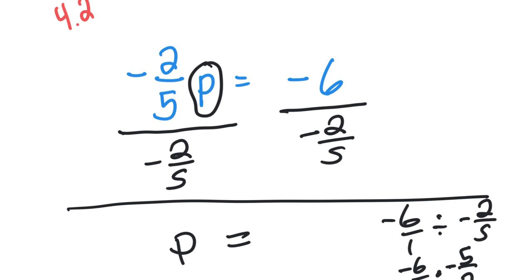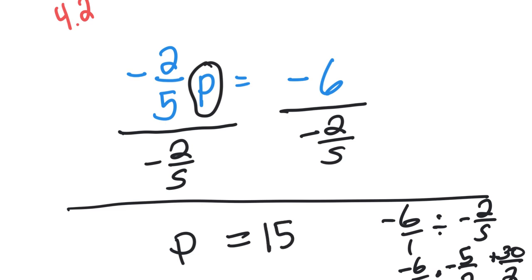All right, negative 6 times negative 5 is negative 30. Nope, it's not. It's a positive 30. All right, so positive 30, and then 2 times 1 is 2. So negative 6 divided by negative 2/5 is a positive 30 over 2, or 15.